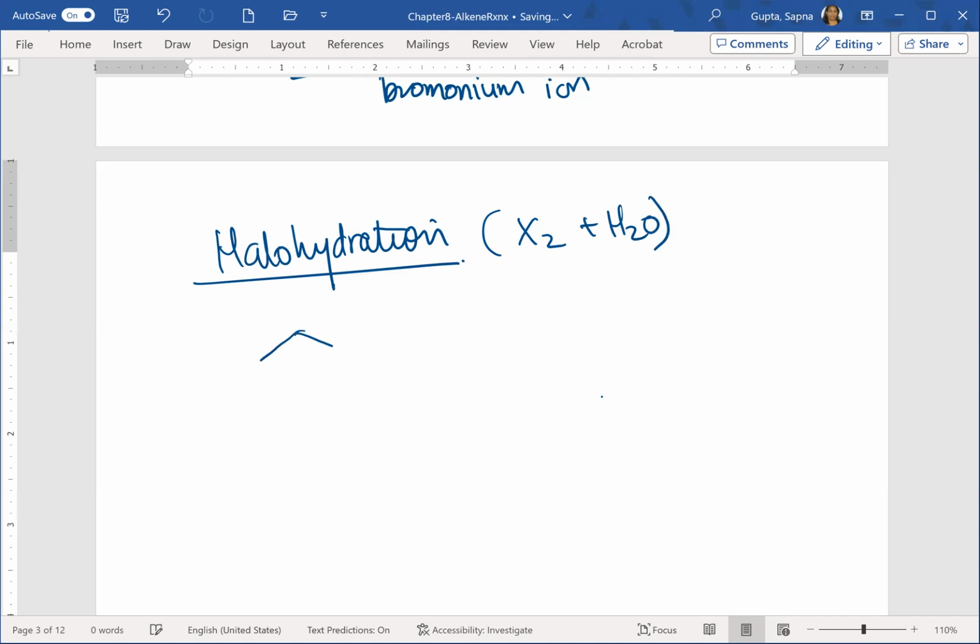So in this case, I'll take the same one for now, just so that I can give you an example. So here you have chlorine and you also have water. You will still form anti.